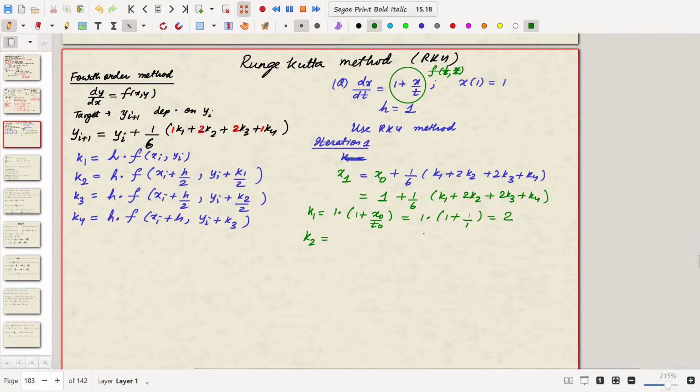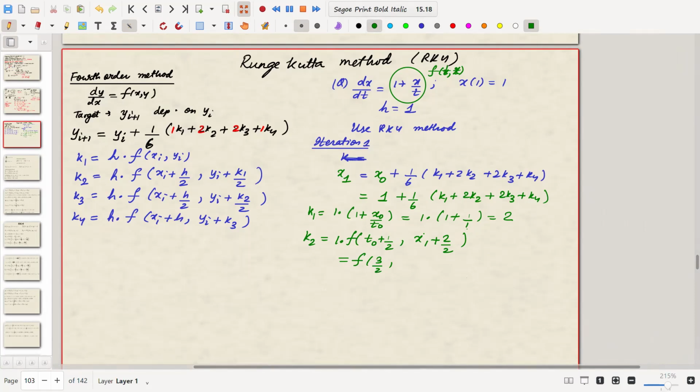We'll write again. So K2 is h times f of xi. Xi plays the role of t. So you have t naught plus 1 by 2, comma, x1 plus 2 by 2. So this is f of 3 by 2, comma, 2. Correct, right?